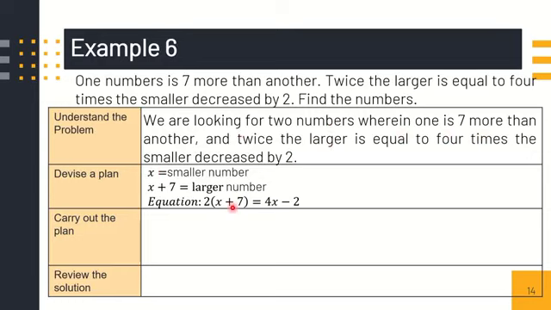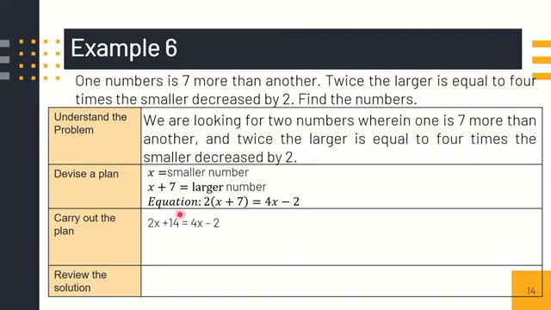So, ito yung larger number natin, x plus 7 twice. So, minultiply sa 2 is equal to 4 times the smaller number. So, ito yon 4 times the smaller number since x is represented as smaller number, decreased by 2. Kaya may minus 2.